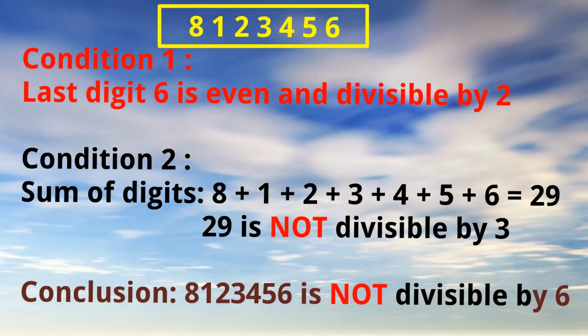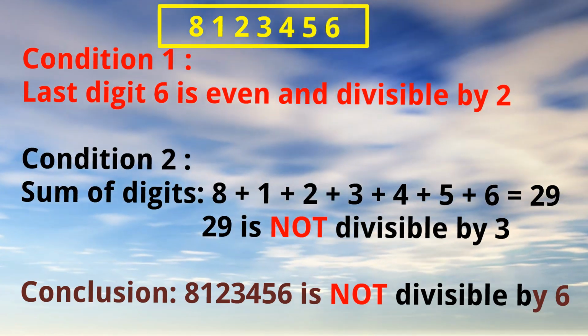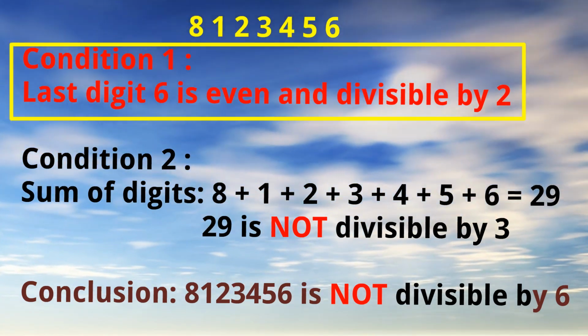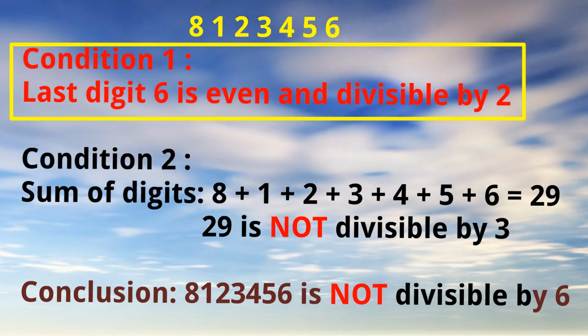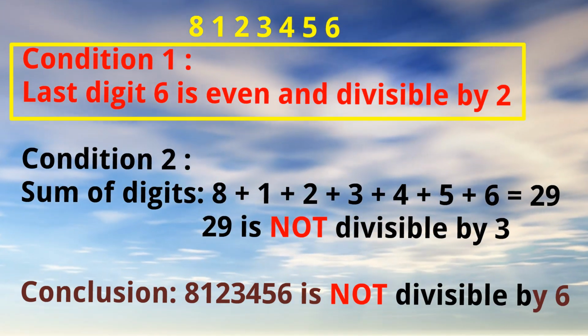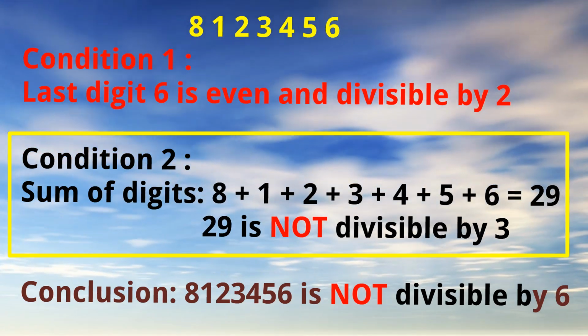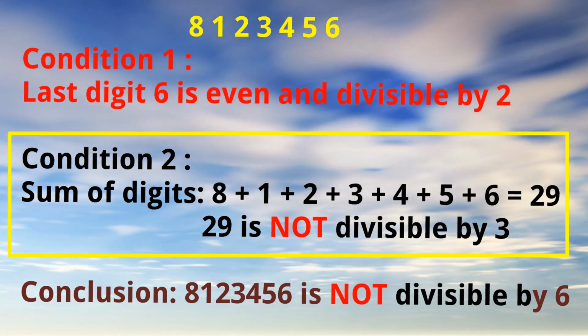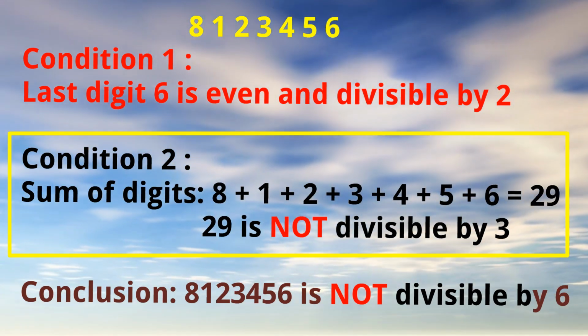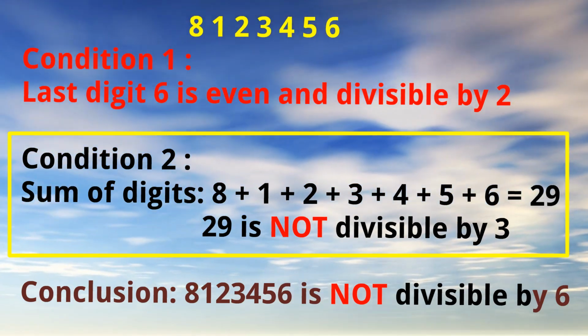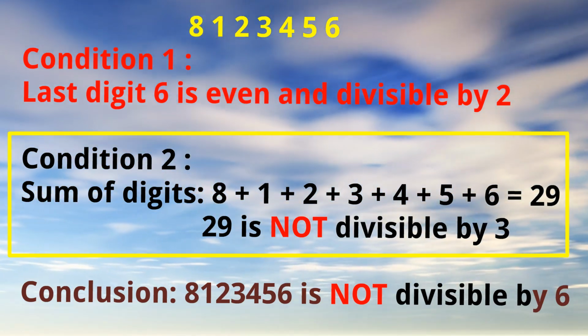The given number is 8123456. Condition 1. The last digit 6 is even and is divisible by 2. Condition 2. The sum of the digits 8 plus 1 plus 2 plus 3 plus 4 plus 5 plus 6 is 29. 29 is not divisible by 3.